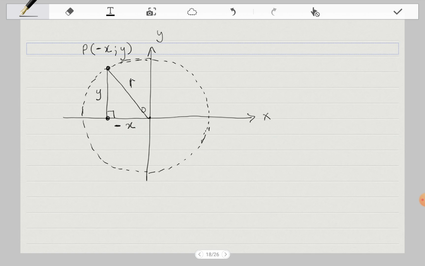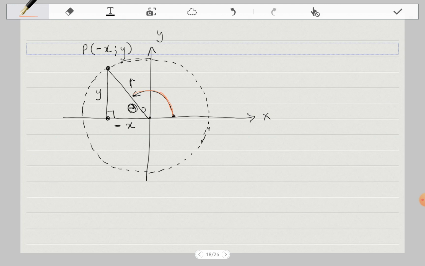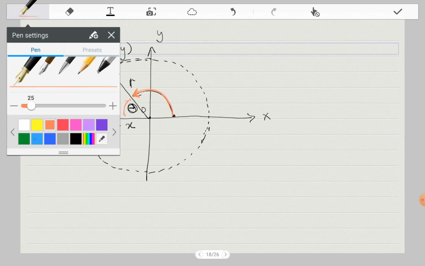As I've said earlier, to work out this little angle in here, you're actually measuring from here. This is your actual angle that you're going to put into the trig ratios. Let's put that in green.